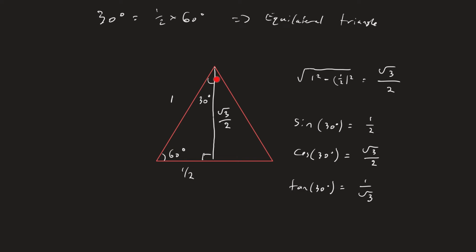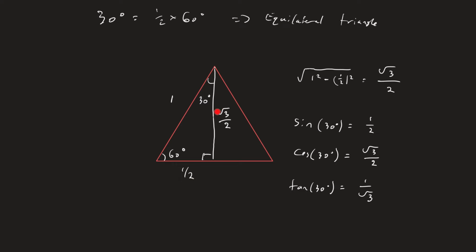If we drop a perpendicular line, then it will split the base at exactly the halfway point, and it will also mean that the angle here is 30 degrees, half of 60 degrees. For convenience, give the hypotenuse a length of 1. The hypotenuse is the side opposite the right angle. This means that along the base, the whole base is 1 because it's an equilateral triangle. Therefore, the distance from here to the midpoint is 1/2.